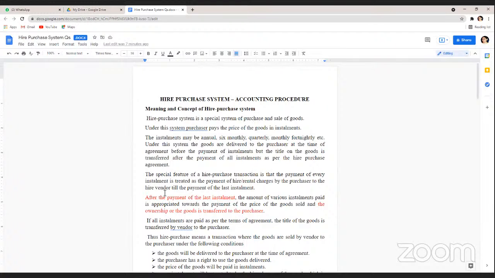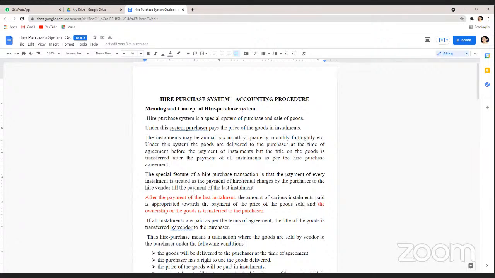Generally, this is a special system of accounting where purchase and sale of goods takes place. You might have heard of the installment system, right? Same here, under the hire purchase system, the buyer or user of the asset pays the price of the asset in installments.